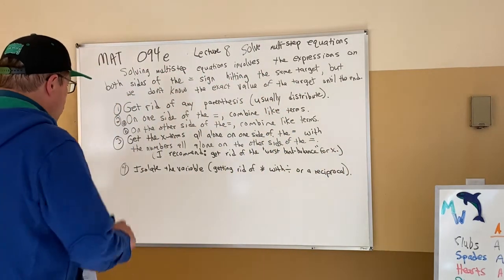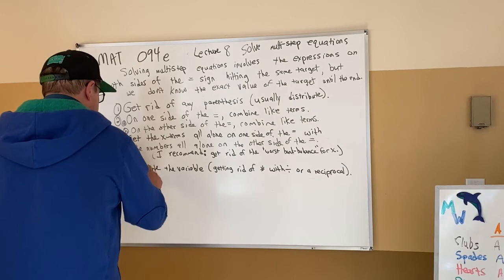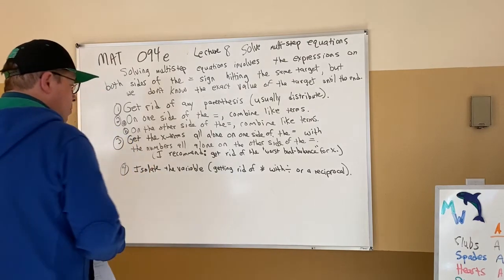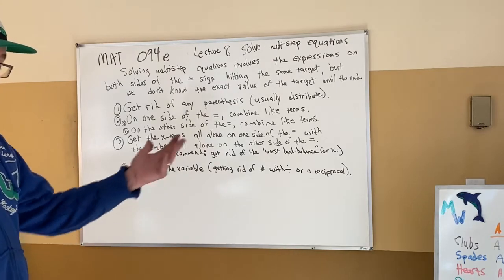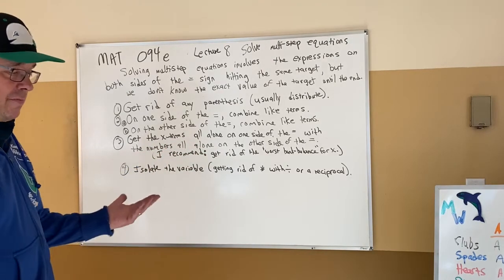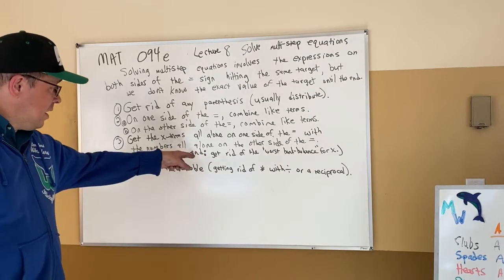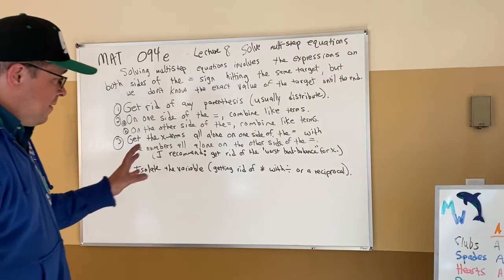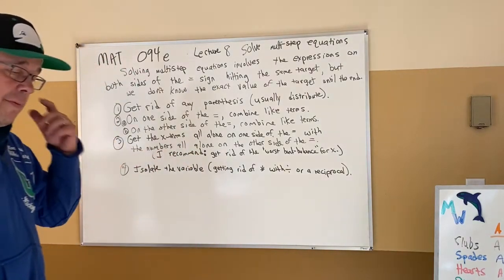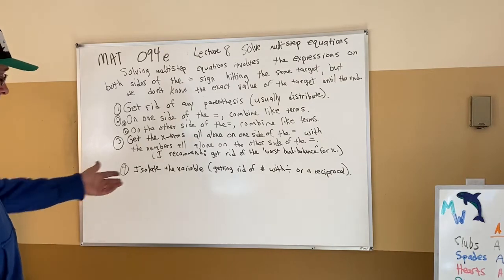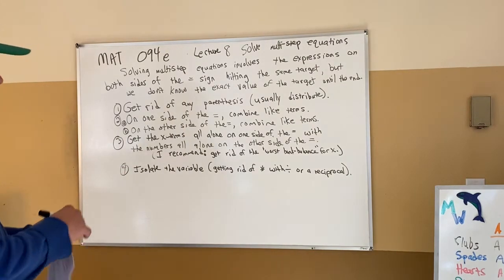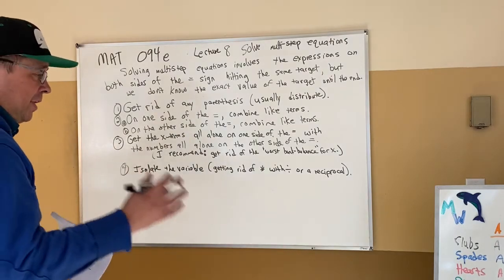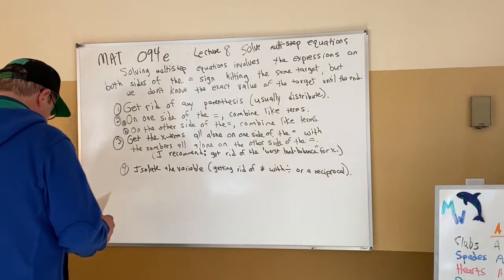But isolating the variable, once you've gotten x on one side with maybe a coefficient and the numbers on the other turned out to be just a single number, now you're going to divide. If you have an integer sitting in front of x, it may be positive, maybe negative. In our case, we worked on keeping it positive. Divide both sides by that integer, or multiply by the reciprocal of the coefficient, which is that fraction that you hate so much. You know, it's a fraction. What's it doing here? Still, reciprocal multiplication will get us away from that fraction.